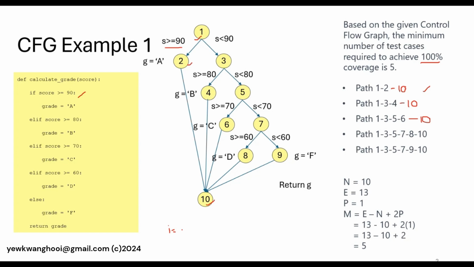Anybody? What is the score? Depends on what we assign to the function. Yes, but we want to put some value to make sure the code will actually execute along this path 1 to 10. So what is the input? Any number greater than 90, right? It must be greater than 90, isn't it?